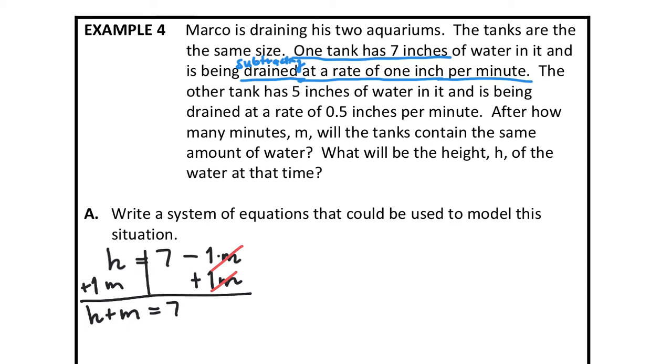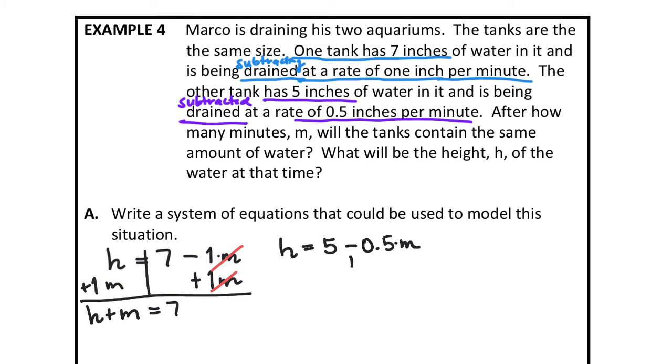Then we're going to look at the other tank. It has 5 inches of water and it's being drained. Again, drain means subtracted, at a rate of 0.5 inches per minute. So we have the height of the second tank is equal to 5 inches minus the fact that it's being drained 0.5 inches per minute.